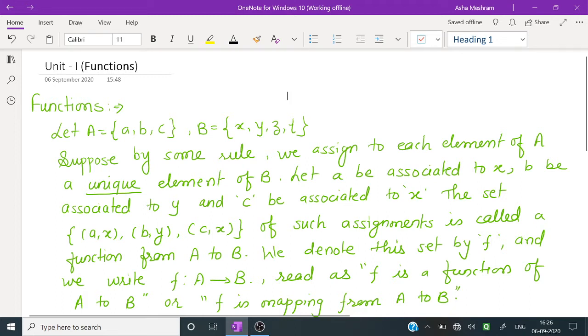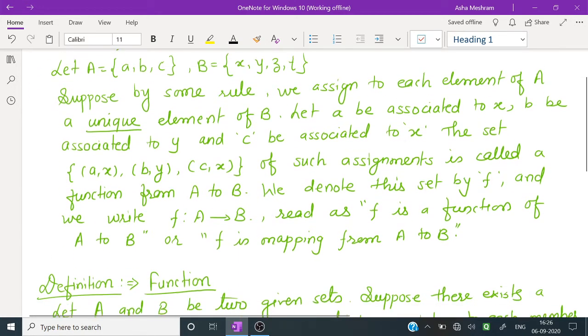Suppose A is associated to X, B is associated to Y, and C is associated to X. Then the set of ordered pairs AX, BY, CX of such assignments is called a function from A to B. We denote this set by F, and we write F as a function from A to B.